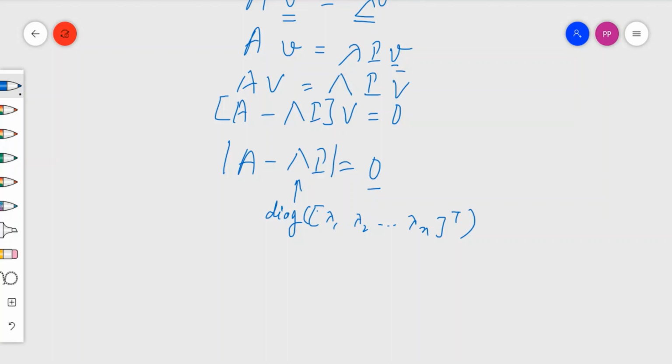So with this we understand that the eigenvectors are defined for a given matrix in the form of column matrices, and are determined from the unique eigenvalues of the matrix, which are basically the roots of the characteristic equation, this one.